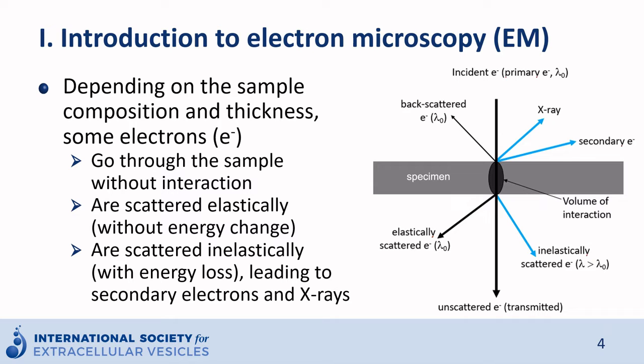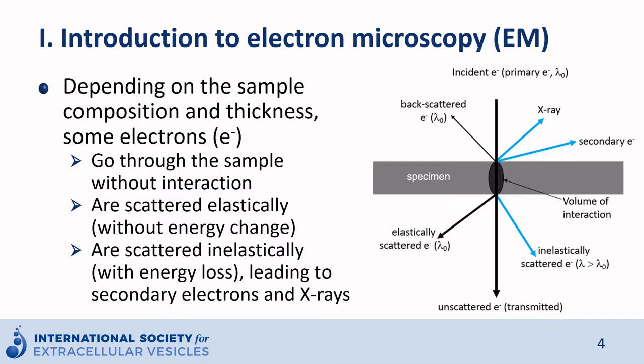And some electrons interact with the sample inelastically, which means that there is a loss of energy upon interacting with the sample. The energy deposited in the sample is responsible for radiation damage or beam-induced damage.